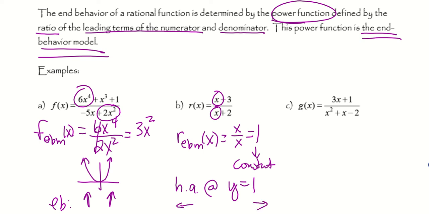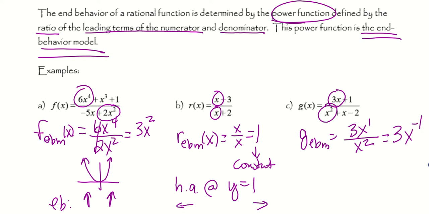For C, our end behavior model here will be the leading term from the top, which is 3x, divided by the leading term from the bottom, which is x squared. That is 3x to the negative 1, right? That's 1 minus 2, which is negative 1. And we know the graph of that function looks like this, which says that my end behavior is going to be the end behavior of this, which is 0.